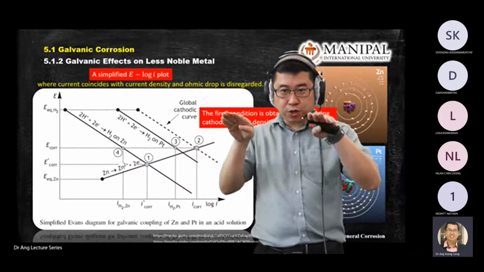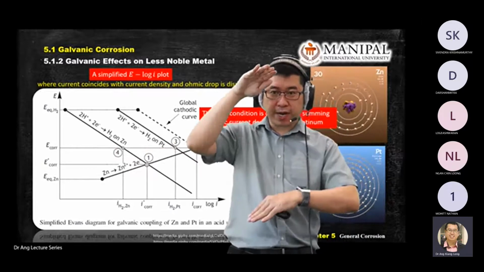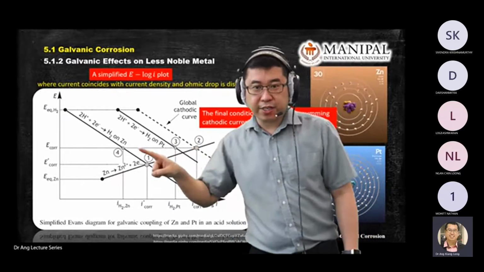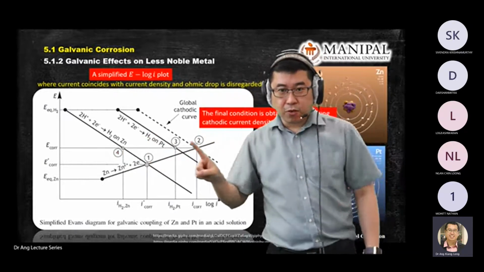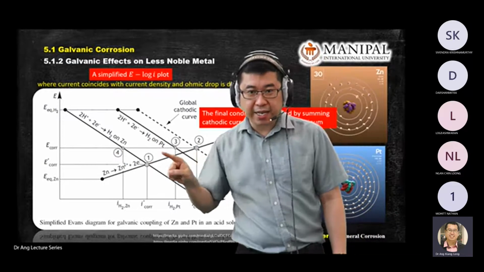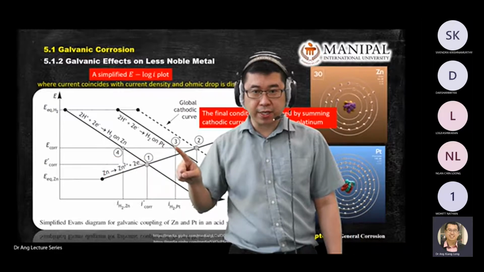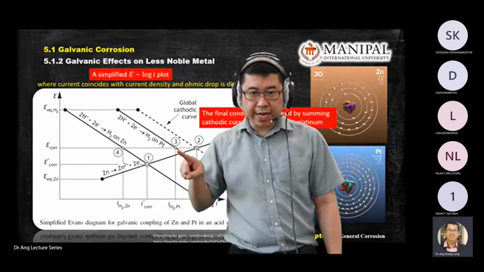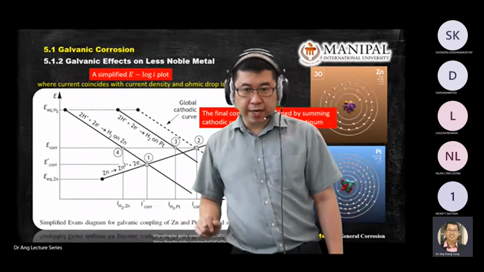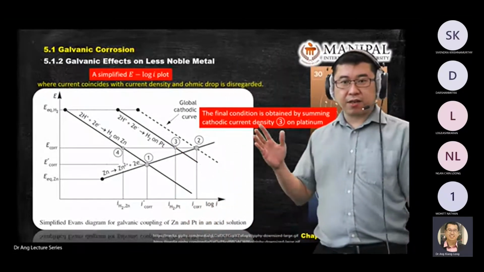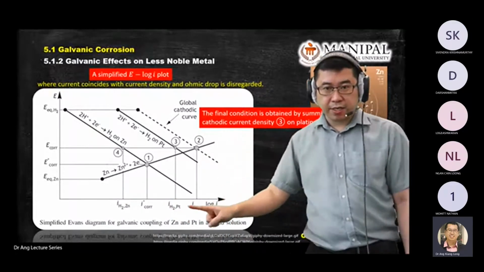So when you join two metals together, low and high, they share the same potential. You measure the same potential, and that's why you drew a line with your ruler just now. It bypasses the cathode station at point 3. Project down from this point and you get the current density at the cathode station, or we call it the cathodic current density.